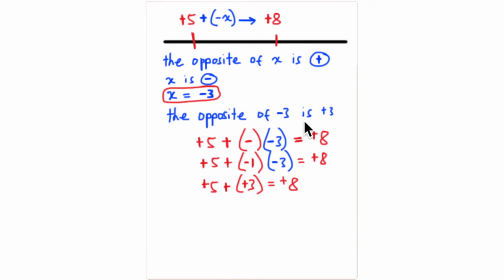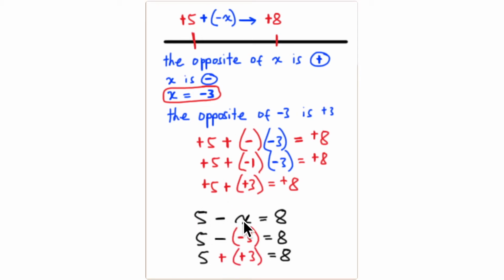Now, if you didn't make this change, if you left this as a positive 5 minus x equals 8, and replace this x with negative 3, you'd get 5 minus a negative 3 equals 8. And you probably remember the rule that if you're going to subtract negatives, that's the same as adding positives. And mathematically what that means, and it's no different than what I'm doing up here, is subtracting a negative 3 is the same as adding its additive inverse.